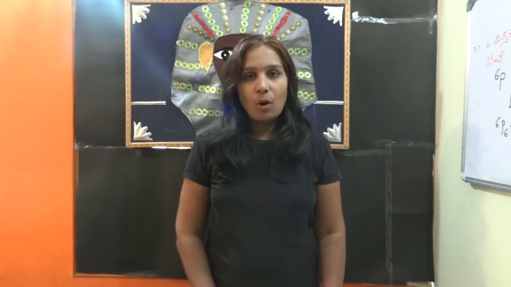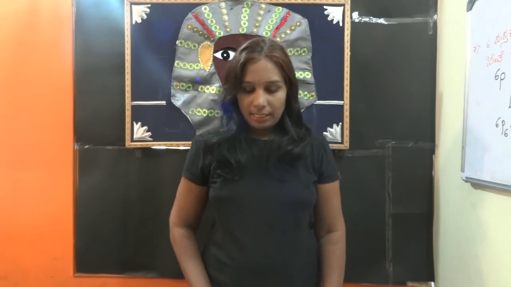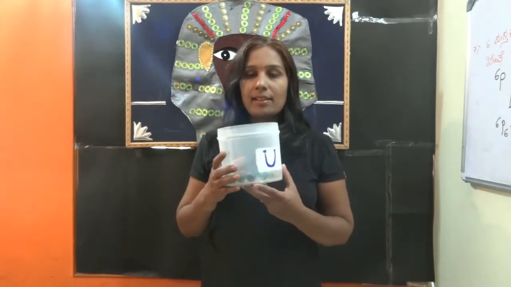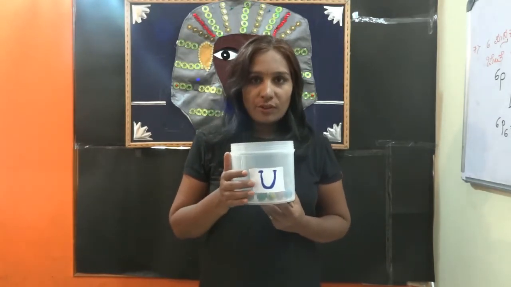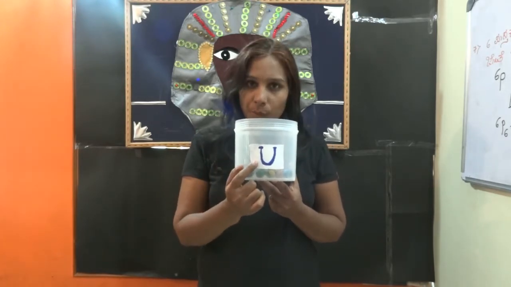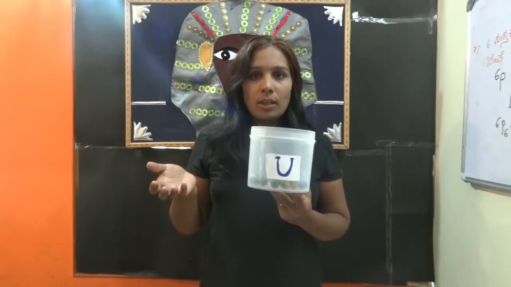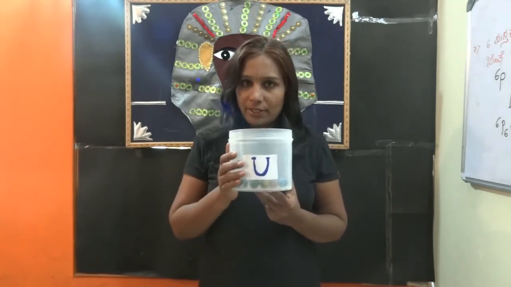Now I will show you how to perform basic operations on sets. This is our universal set. Universal set is denoted by U. This set usually has a large number of elements.